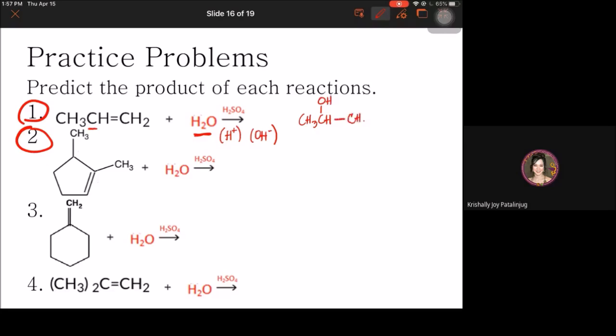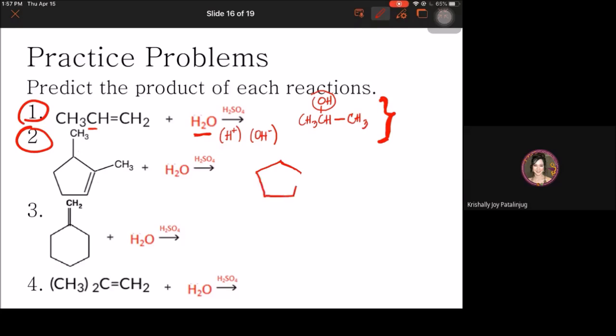Then CH3. That would be the major product. And by the way, what do you think is the functional group present in the major product of hydration? Yes, very good. Alcohol. That's why it has OH. Alcohol is the major product. Remember, hydration, alcohol is the major product.